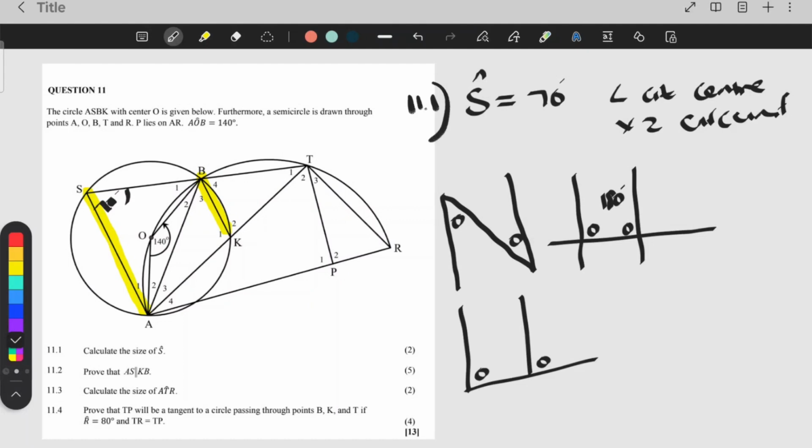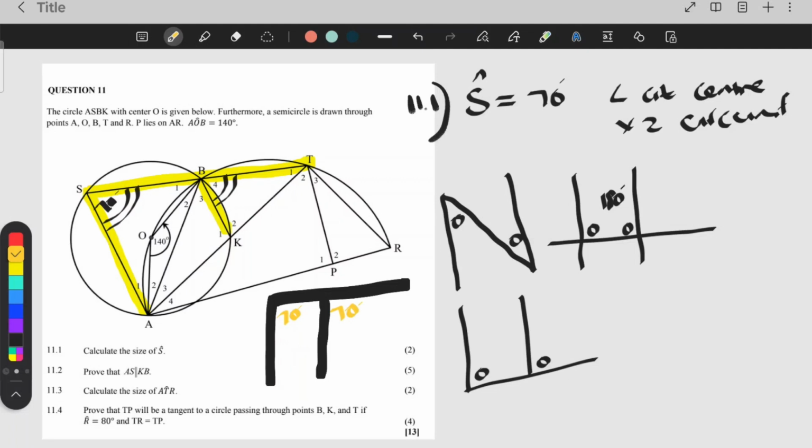I'm going to try and see if this is 70. Can't I prove that this is also 70? If you highlight this, then you have corresponding angles. They will look like this, like that. Corresponding angles. So far this is 70, that's S. I want to show that B4 is also 70, because then I see corresponding angles and therefore this line is parallel to that line.